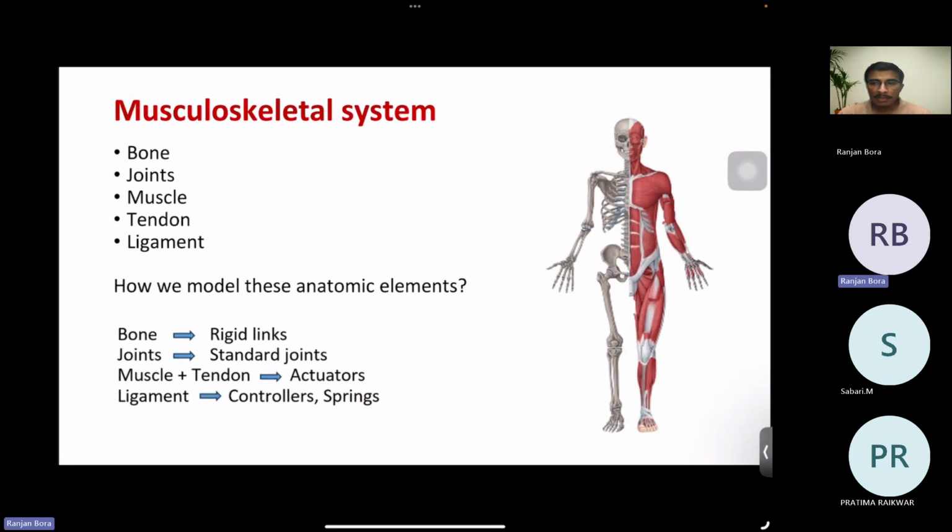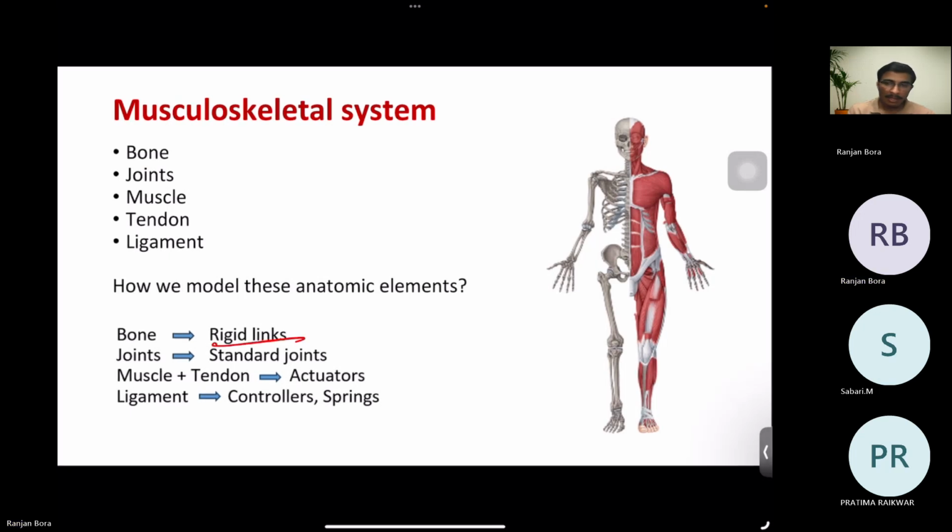For solving any numerical problems related to musculoskeletal analysis, we first need to model these anatomical elements present in our body. So how do we model them? We model our bones using rigid links, we model joints using standard joints, we model muscle plus tendon as actuators, and we model the ligament as controllers and springs.